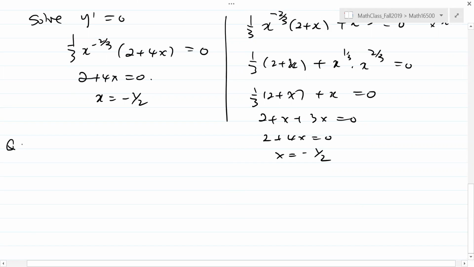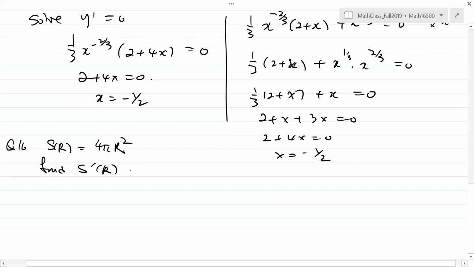Number 16. I don't want to skip any of the problems. Four pi r squared. All right, so 4 pi r squared, and what is it we do, right? Find the derivative, right, with respect to r.